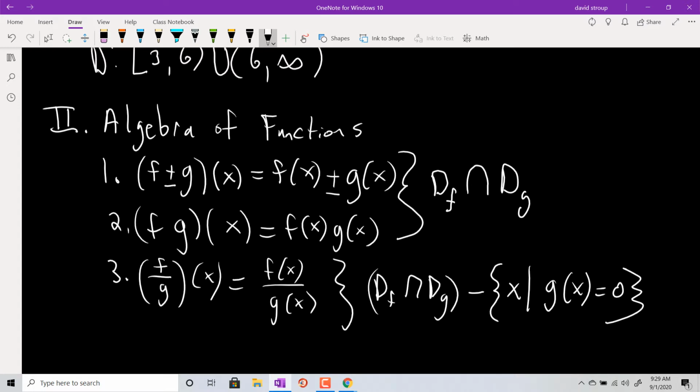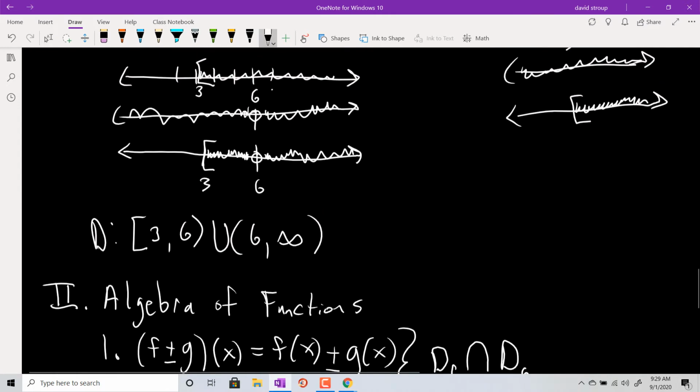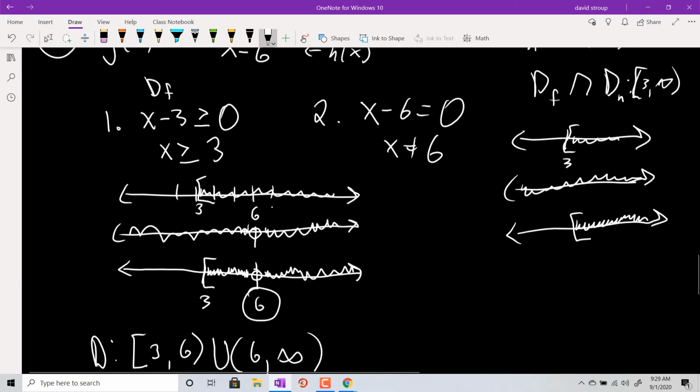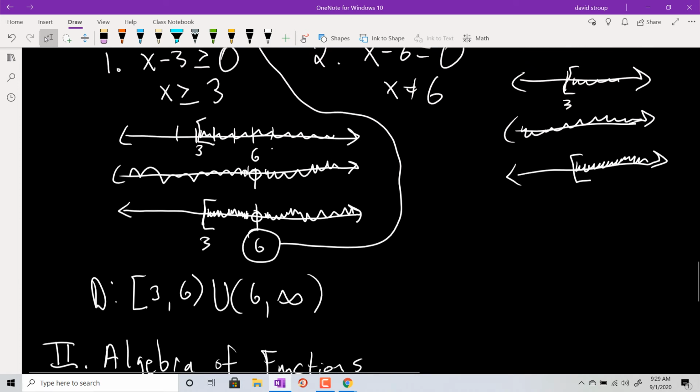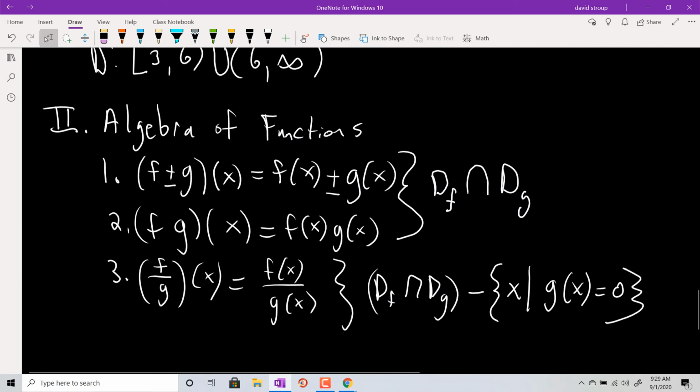Okay? And that's why in the previous example we don't have this number 6, because in our case, that's where h of x equaled 0. Okay, so we kind of have to throw that one number out. And so our domain is 3 to 6 and then union 6 to infinity.